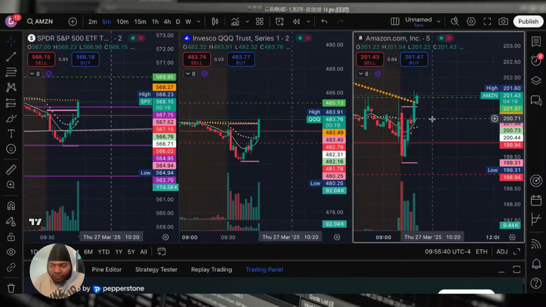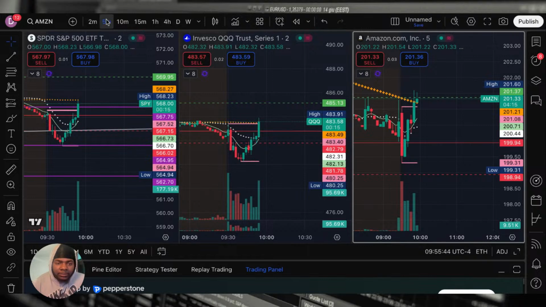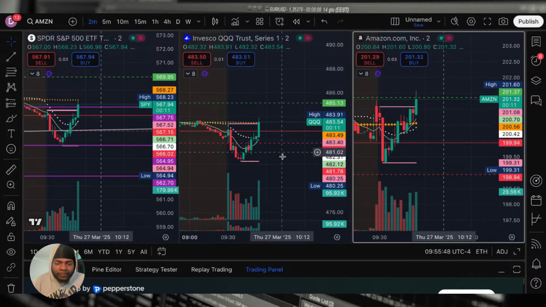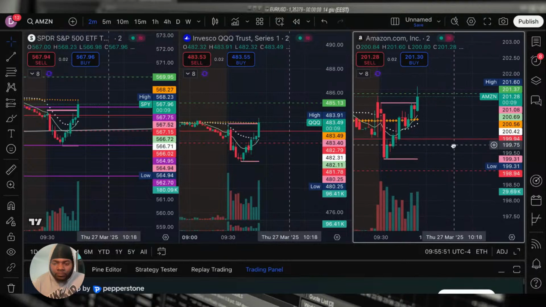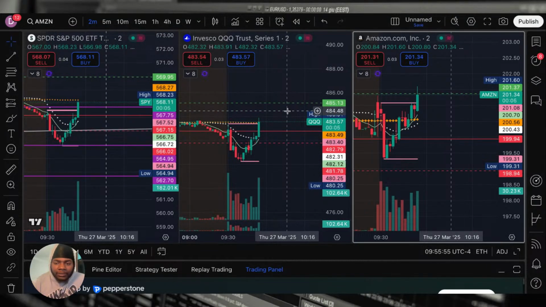Actually, stop loss right at this 9 EMA, so right around 268. I'm up 3% right now. Got 5 minutes till we move to the 5-minute chart.